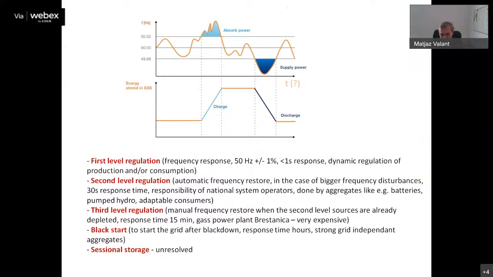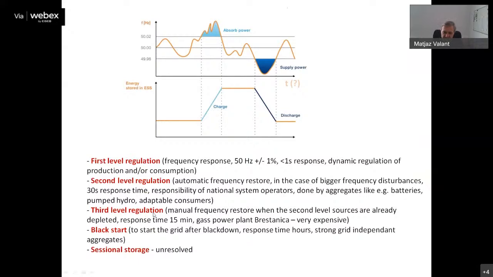We have snow in the winter and very hot weather in the summer. Normally in the summer we consume much less energy than in winter, and in summer we have overproduction of energy. But unfortunately, we don't have a means to store this overproduction and use it in the winter time. So this is still an unresolved issue.